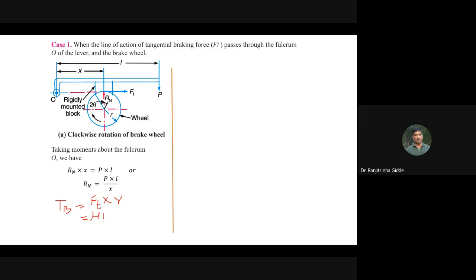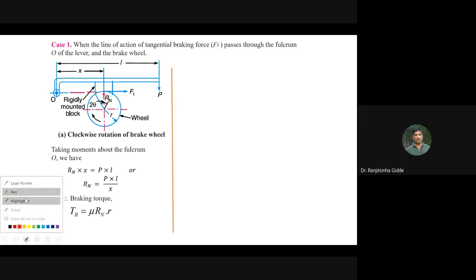Ft is mu Rn into R. So the braking torque Tb is equal to mu Rn into x. So this is the braking torque when this Ft is passing through the fulcrum O of the lever.